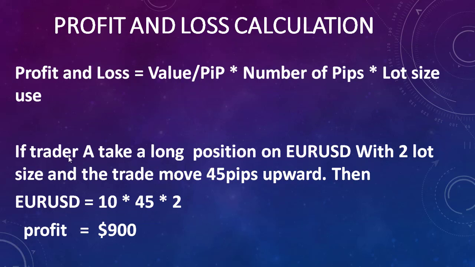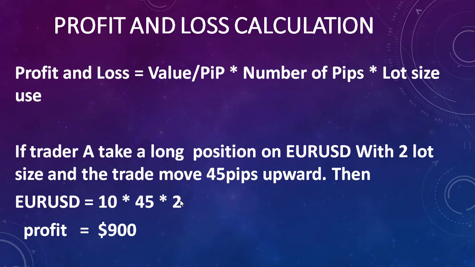Let's say for example, trader A takes a long position, that is a buy on Euro USD with 2 lot size and the trade moves 45 pips upward, that is in its direction. It means that for every standard lot in Euro USD movement, we have $10 multiplied by the 45 pips which the trade moved, multiplied by the 2 lot size the trader took.